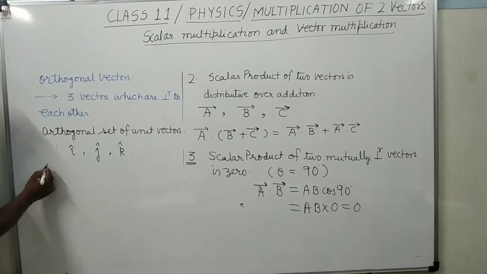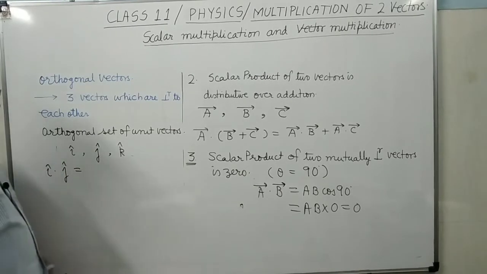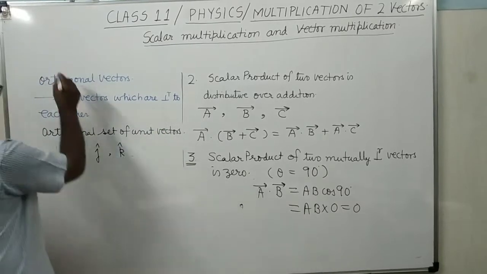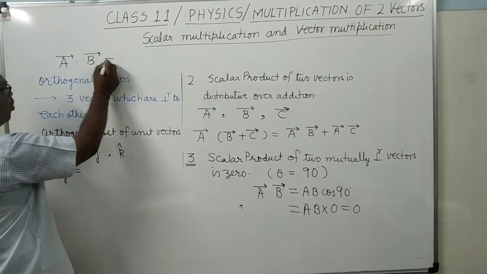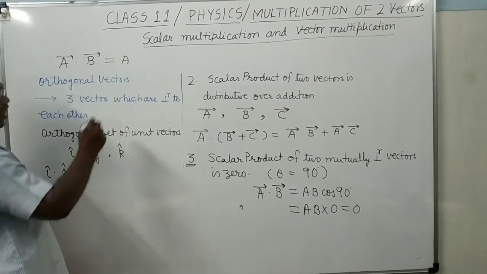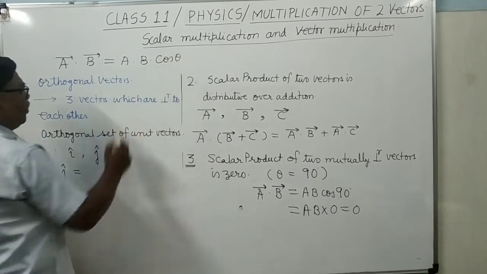So if you find out unit vector I dot unit vector J, vector A dot vector B equals magnitude of A into magnitude of B into cos of the angle between both the vectors.